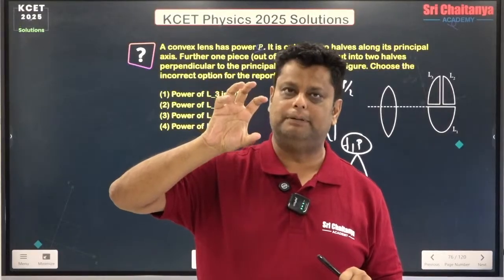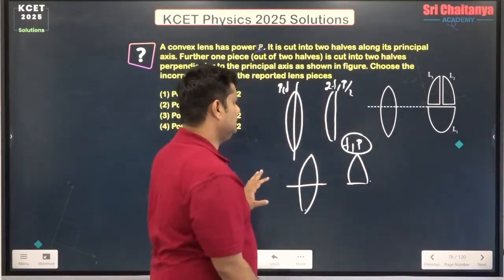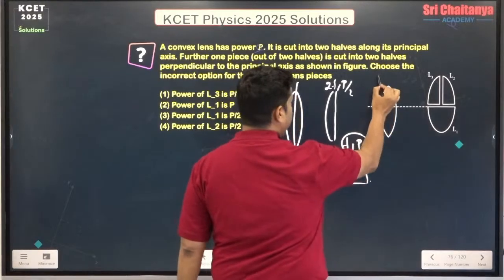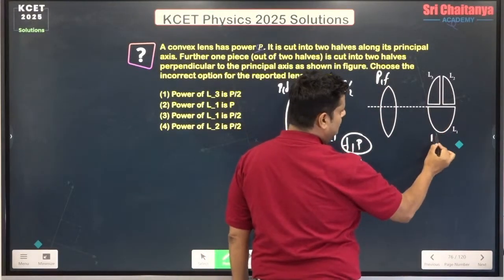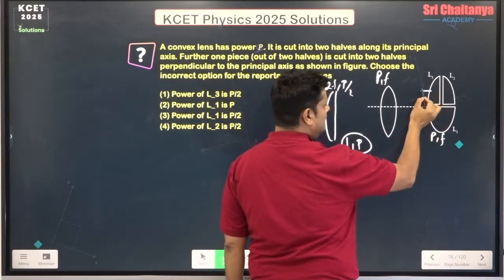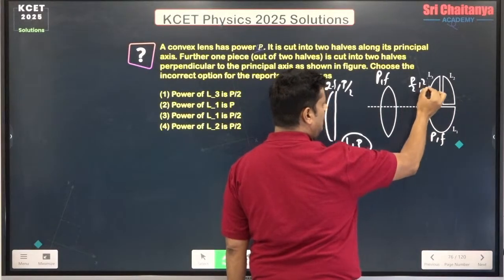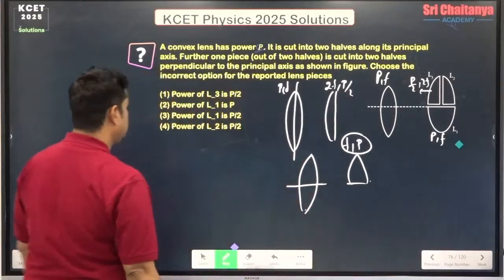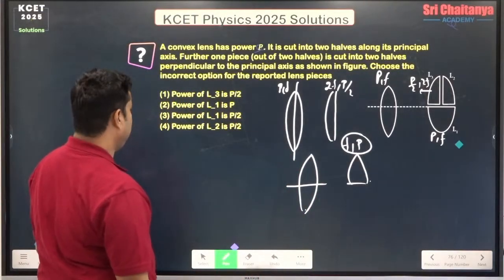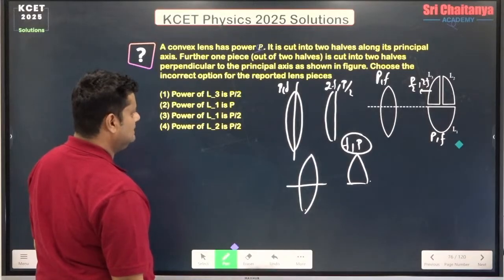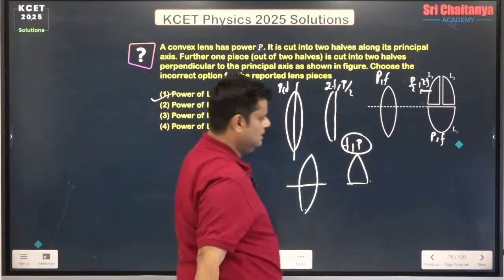If you change the aperture, only the intensity of light will change. So for this it will be the same, P and F. For this, the power will be half and the focal length will be 2f. So the power of lens 3 is P by 2. So this will be the correct answer.